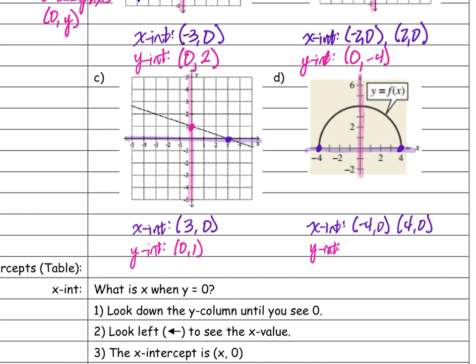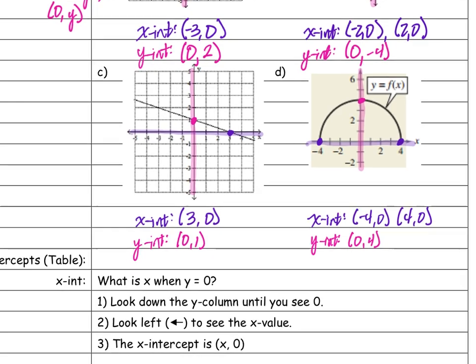And my y-intercept is where it crosses that, which is right there. And I think that is 0, 4. So I've got a whole bunch of 4s there. Okay? Questions? Are we okay? We're going to find out how you are when we're working on your homework today, which we're going to talk about in a little bit.